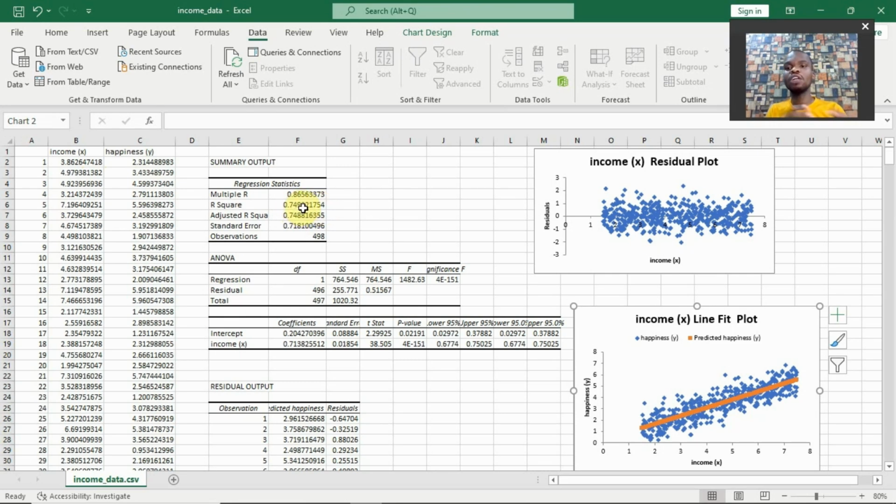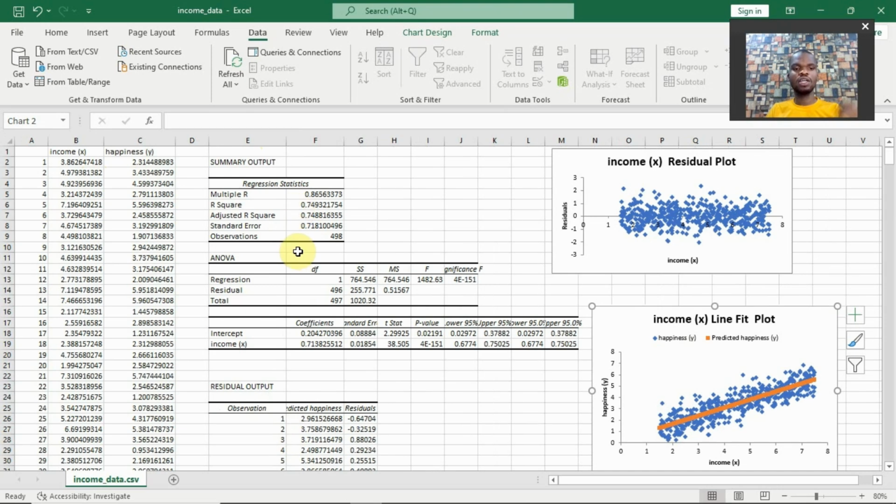So if you're having a low R square value, it means your model is not doing so well in predicting your dependent variable. Your adjusted R square is also a metric of measurement. It's just an adjusted value of R squared based on the number of predictor rows that we're given.